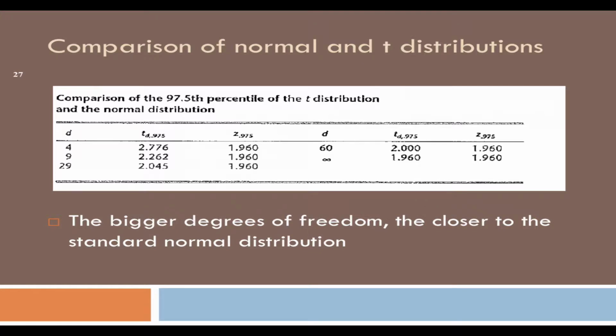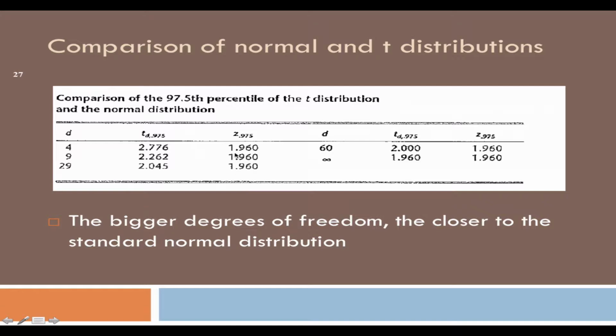So here we give you a little comparison of the 97.5 percentile of the t-distribution and the normal distribution. Remember, the bigger the degrees of freedom, the closer the t-distribution is to the standard normal distribution.